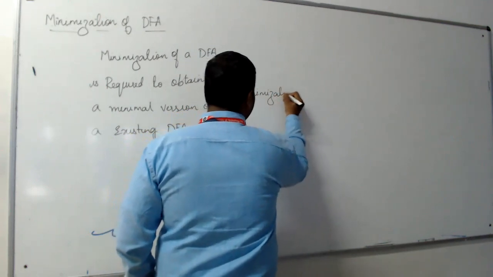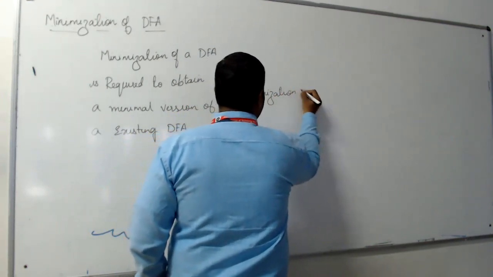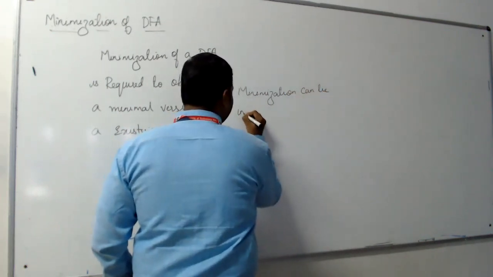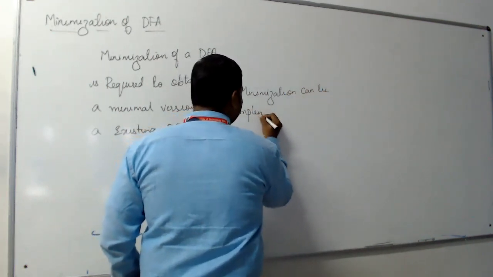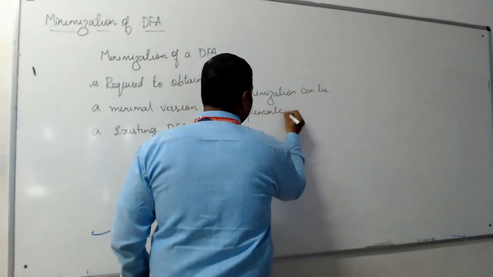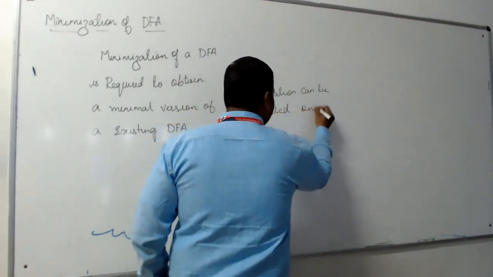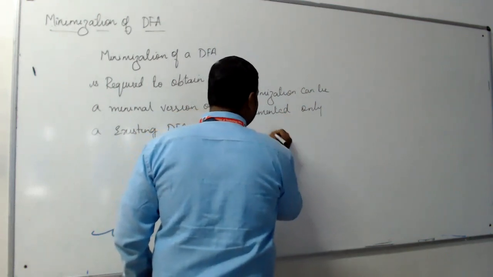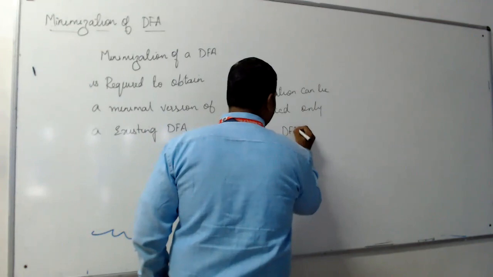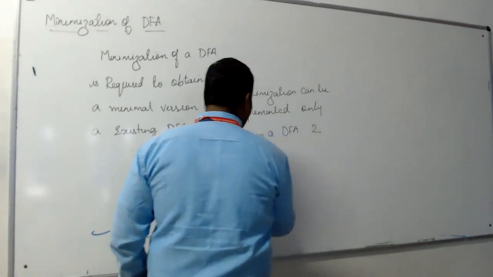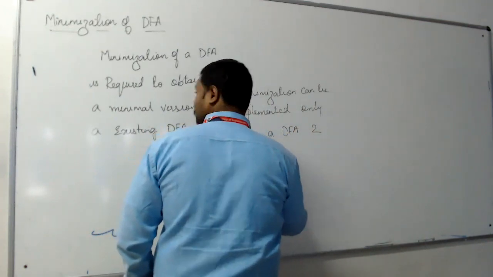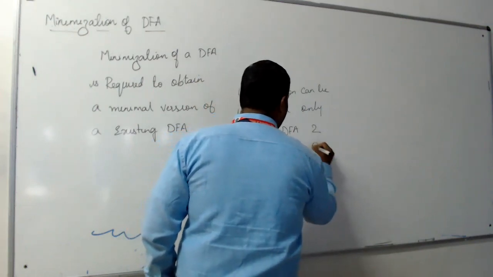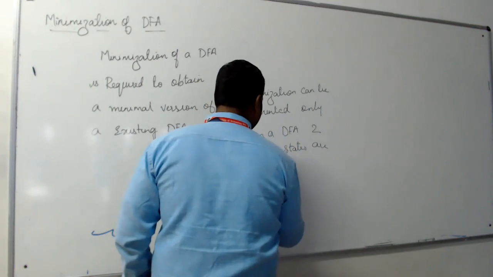Minimization can be implemented only if in a DFA two or more states are equivalent.